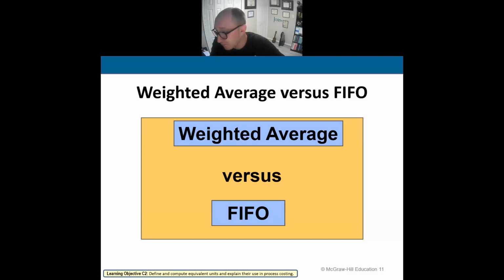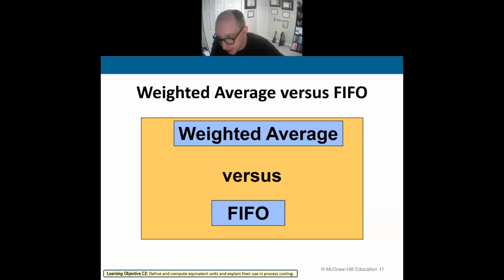And you probably remember there's first in, first out, last in, first out, weighted average, and lower cost of market.